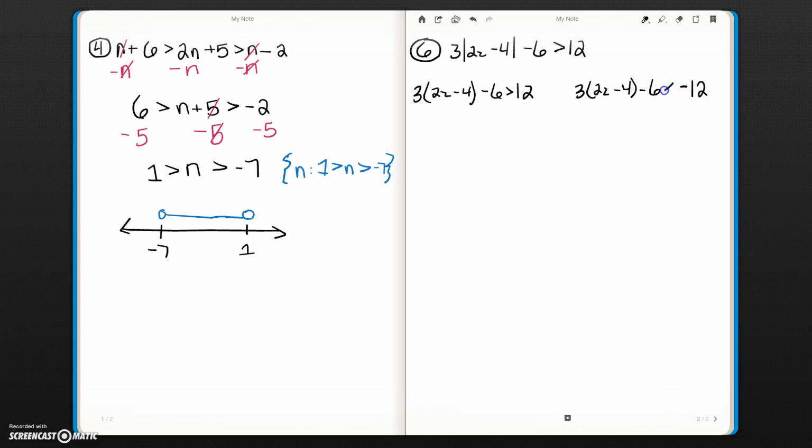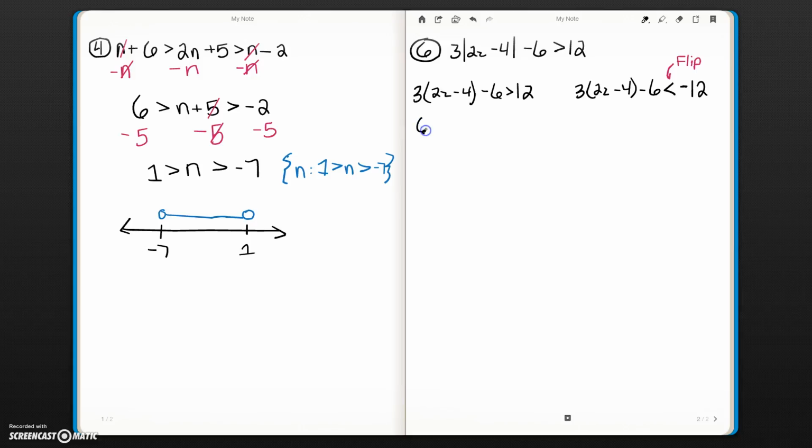And then we also need to flip the inequality, and this is the most important thing that keeps getting forgotten, and it's normal that you forget this, so don't feel bad. But make sure you flip it around. Here it's greater than, here it's less than. If you don't flip it, it's going to come out weird. All right. So from here we can distribute.